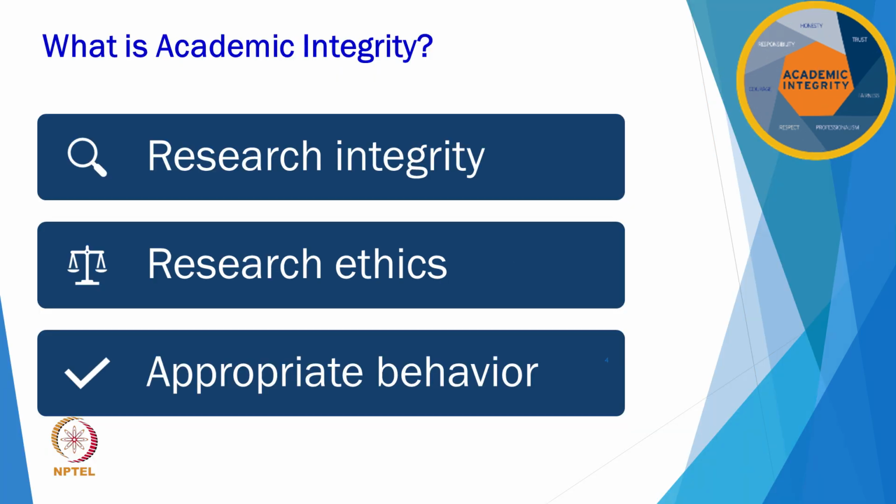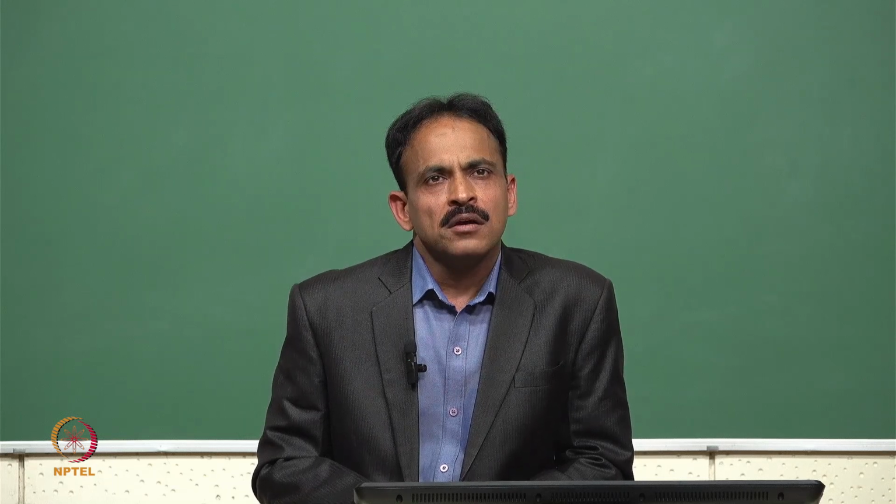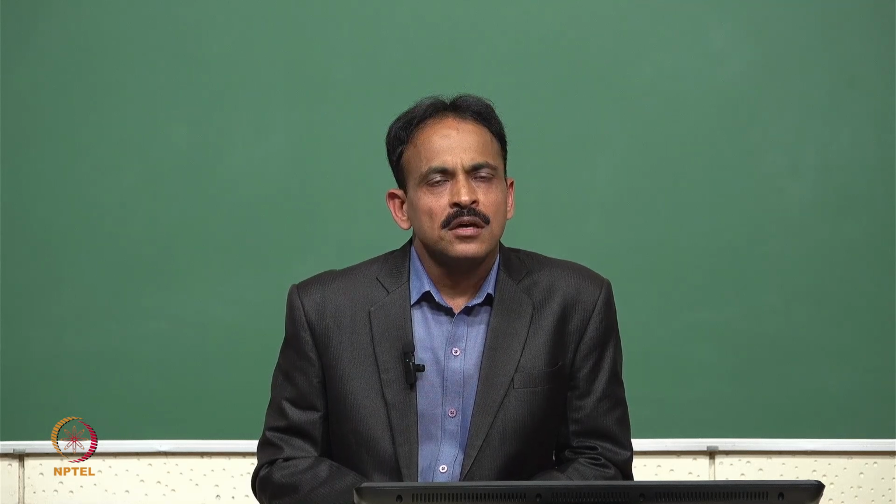Academic integrity is a broad term that includes research integrity and research ethics, as well as appropriate behavior in non-research settings such as avoiding plagiarism, cheating, and copyright infringement. It is a set of ethical principles that members of an academic community follow. It means being honest and taking responsibility for academic work.